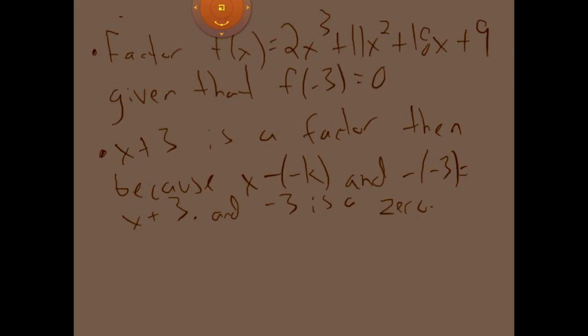Okay. Right, so we're going to factor f of x equals 2x cubed plus 11x squared plus 18x plus 9, given that f of negative 3 is equal to 0. f of negative 3 means when x is negative 3, all of this is going to equal 0, which is one of our zeros, right?